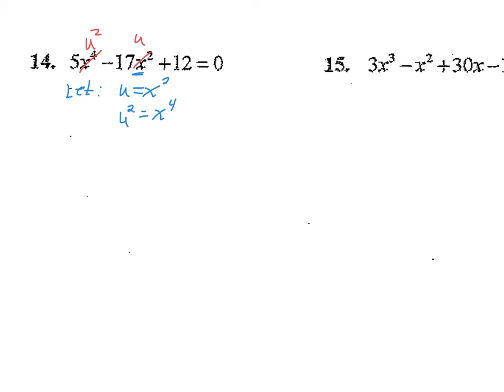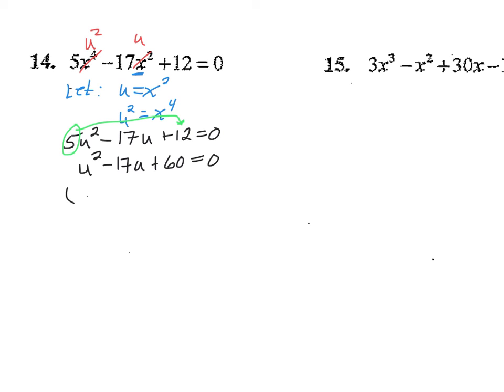So we're really factoring 5u squared minus 17u plus 12 equals 0. And then we are going to have to swing multiply here. So we're going to take this 5 and multiply it to the 12. So we get u squared minus 17u plus 5 times 12 is 60 is equal to 0.